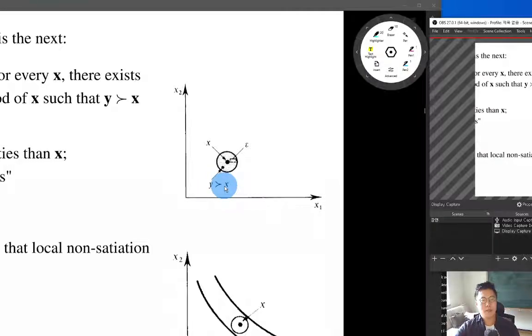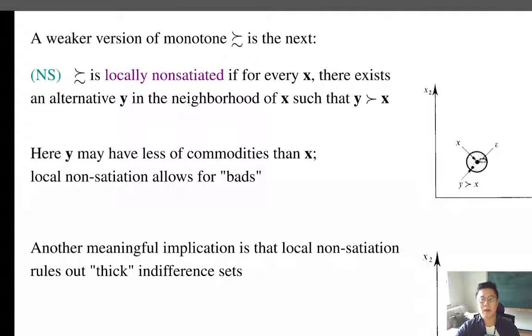If the preference satisfies this property, then we say it is locally non-satiated.